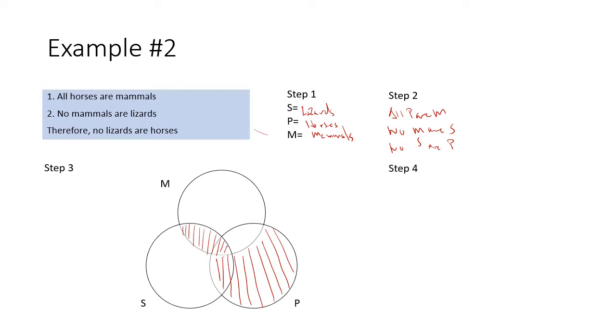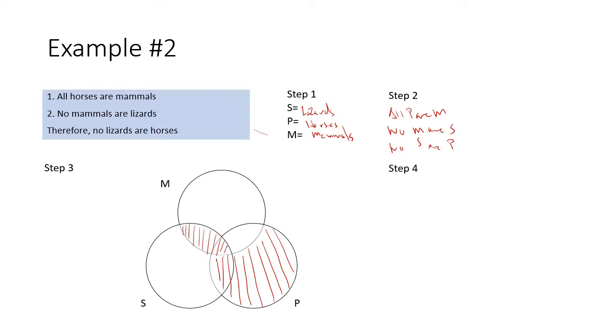And then finally, once we have the two premises written, the next step is to check and see whether or not you have a picture of the conclusion. So in this case, we do.